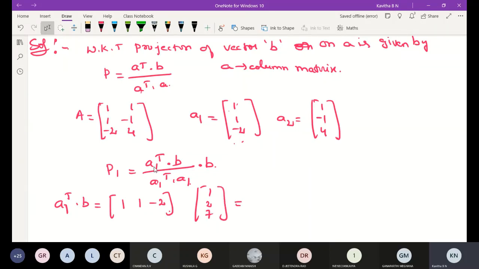Means 1 into 1, then plus 2 into 1, then minus 2 into 7. Okay, 1 plus 2 minus 14. We are getting here minus 11.